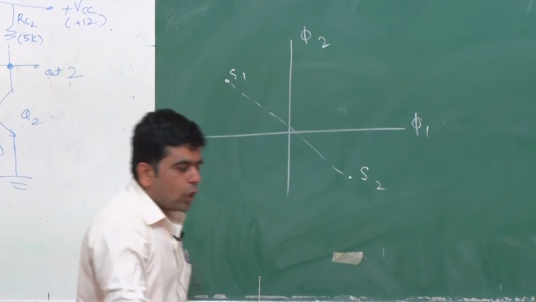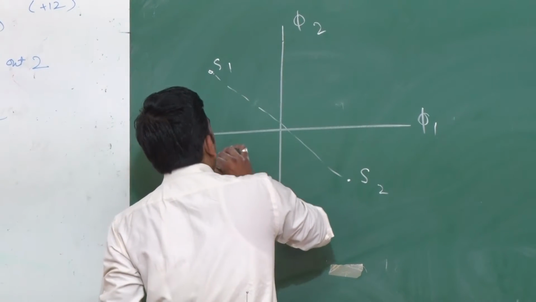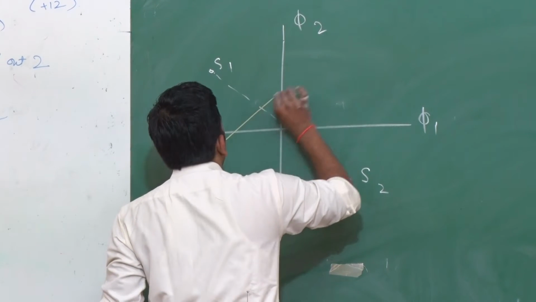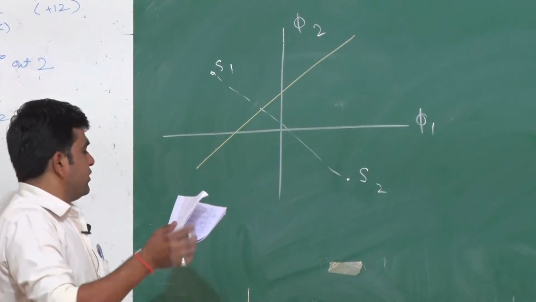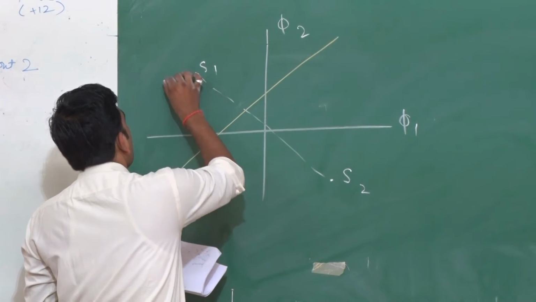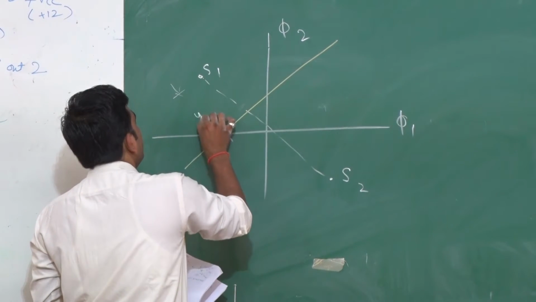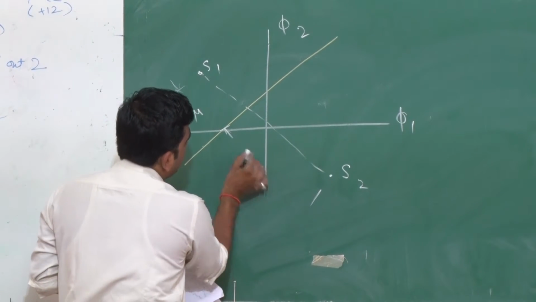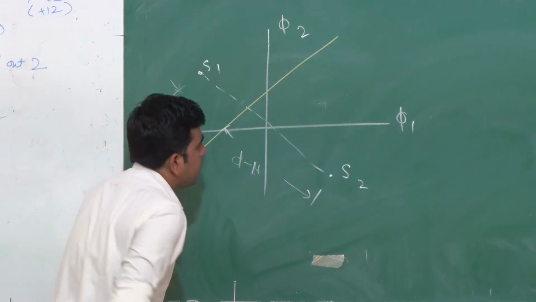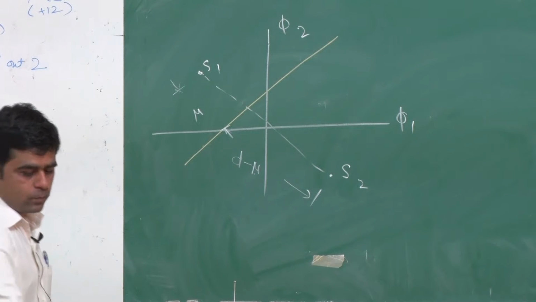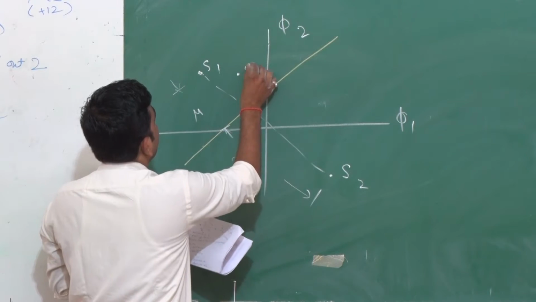Now here they are not equiprobable, so divide them. So we will get this distance. This is mu, and from this point this is d minus mu, and here this point is q.